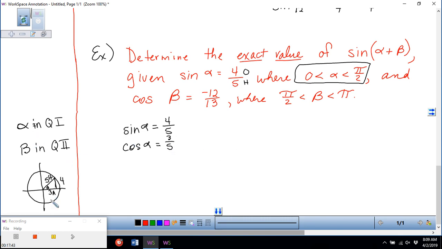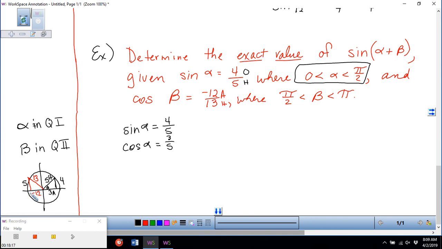Now let's go to the beta. Beta is going to be over here in quadrant 2. You really don't need the circle because it's not a unit circle since our hypotenuse is 5 on the first one. But the cosine of beta is negative 12/13. So the hypotenuse is 13. Negative 12 is my adjacent side. So negative 12 is down here on the base, or the adjacent side. And if you remember your Pythagorean triples, the third side has to be 5.